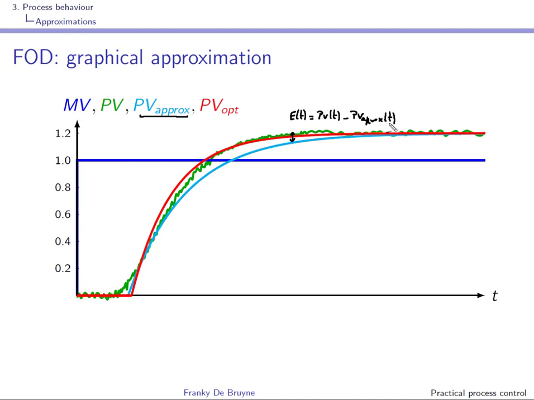So you can compute the approximation cost as 1 over n, where n is the number of data points that you have collected, times the sum of the errors squared, right?